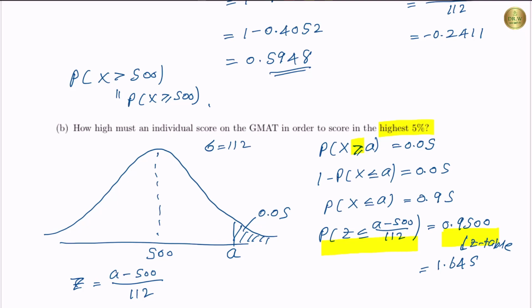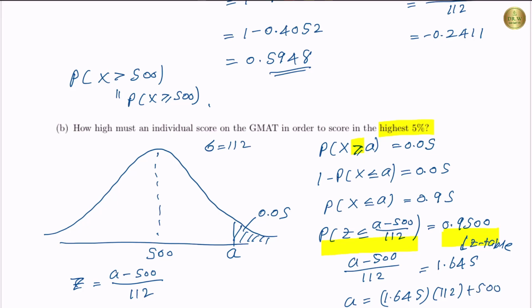Once you find the z value from the table, you can get rid of the parentheses and write the terms inside: A minus 500 over 112 equals 1.645. Then we can solve for A. A equals 1.645 times 112 plus 500.